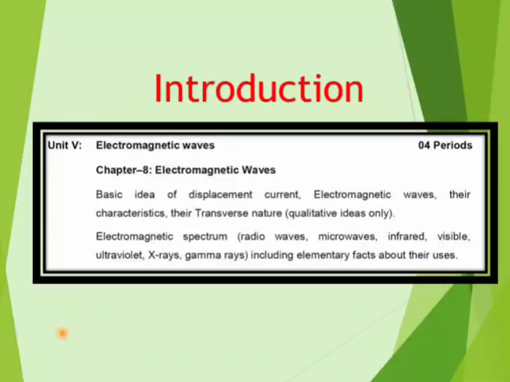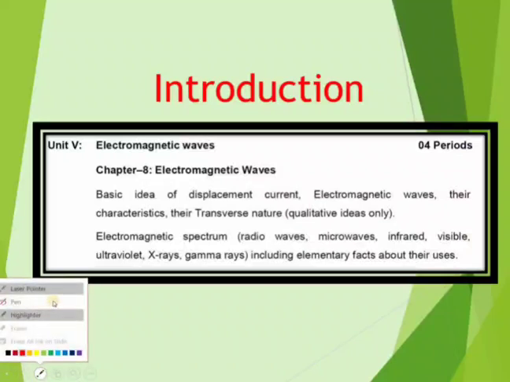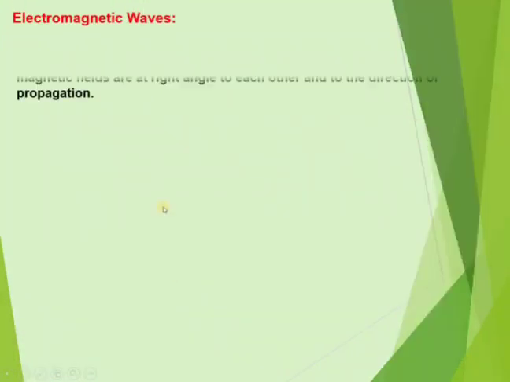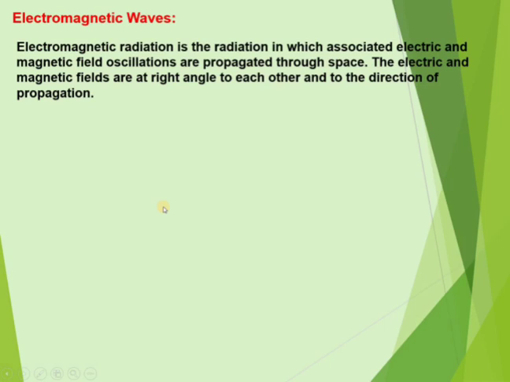So we will start with the first part, that is electromagnetic wave. Electromagnetic wave is the wave that is radiated by an accelerated charge.